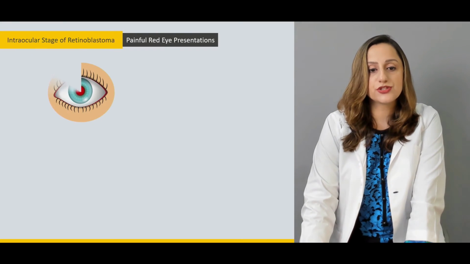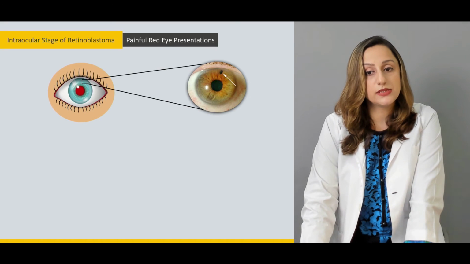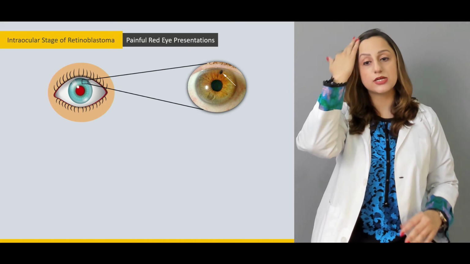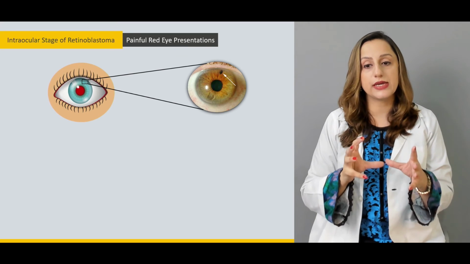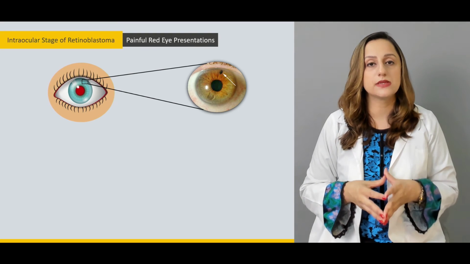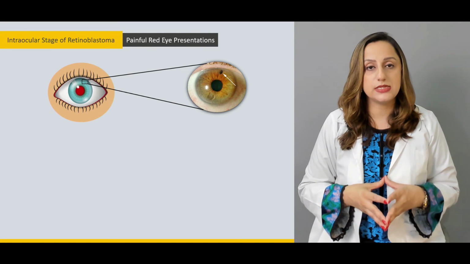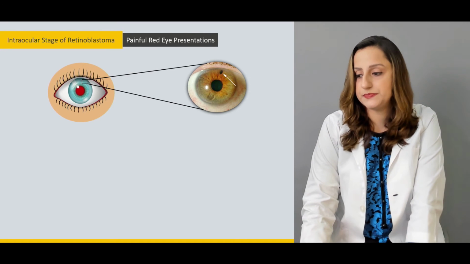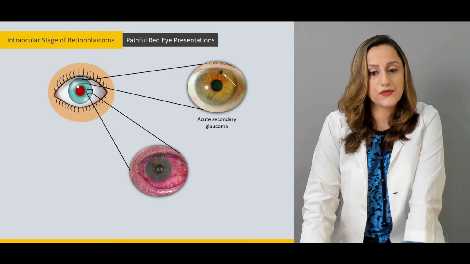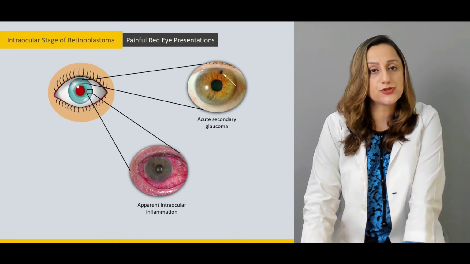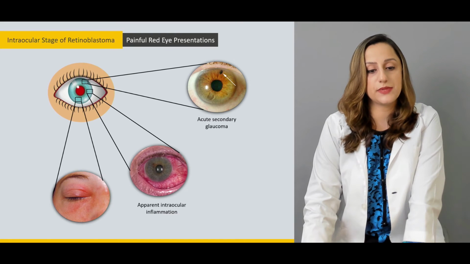Painful red eye presentations are sometimes very common, and sometimes there is a coloboma or a ring defect occurring in the iris, and that is sometimes relatable to these tumorous conditions as well. So acute secondary glaucoma is one of the conditions, and apparent intraocular inflammations occur in these patients.